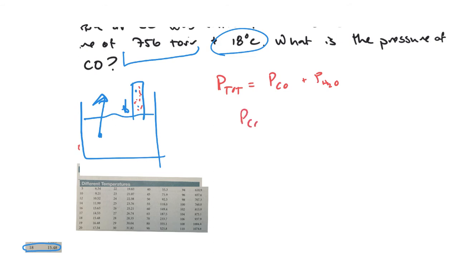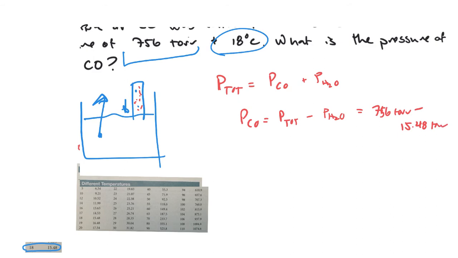So PCO equals P total minus PH2O, which is 756 torr minus the vapor pressure of water at 18 degrees Celsius, which is 15.48 torr.